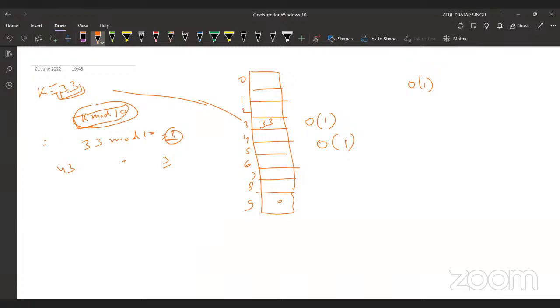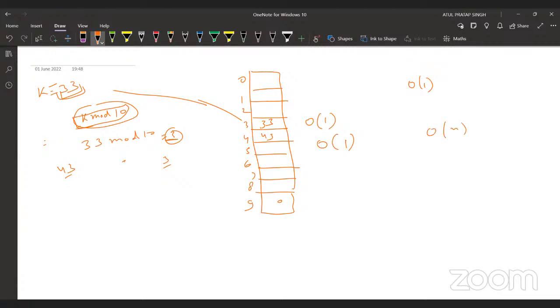So we use the next index. We check if the next index is free, then we store this value there. So 43 we will store here. If it is full, that is the case where our complexity will become order of n.